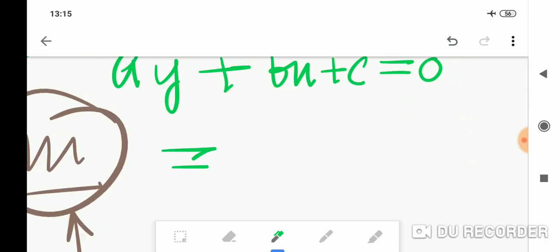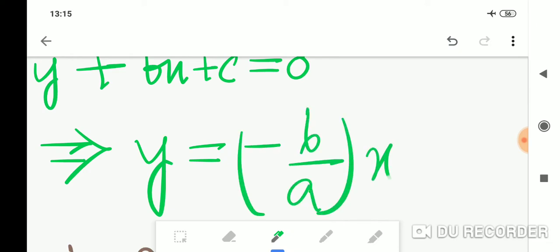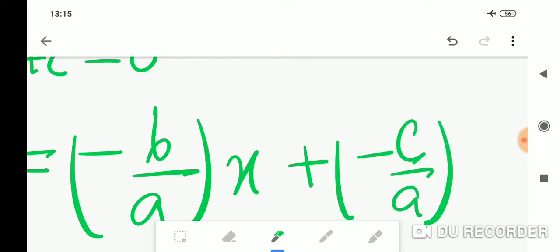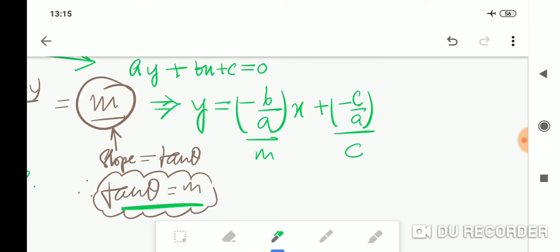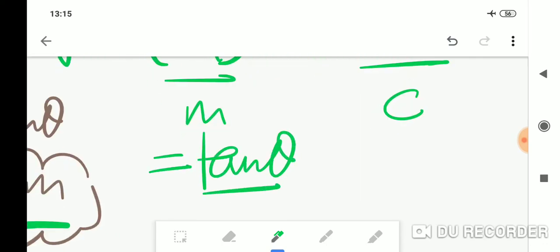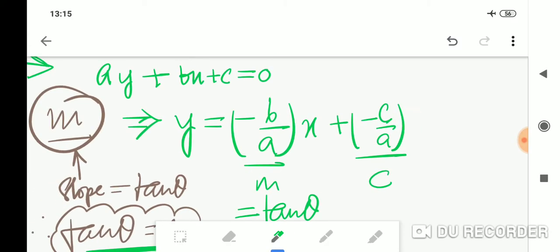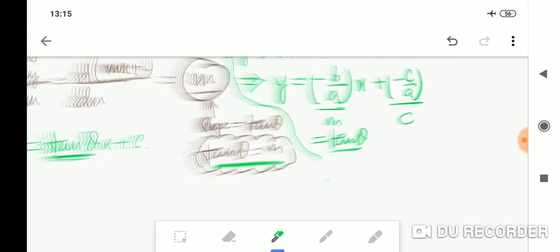So you have to understand it is to be represented in the form y is equal to minus b by a x plus minus c by a. So it is the m, it is the c that we are discussing. Thus this is equal to tan theta. This one is the c. So we can now easily get such things in exams and easily get the values of tan theta.